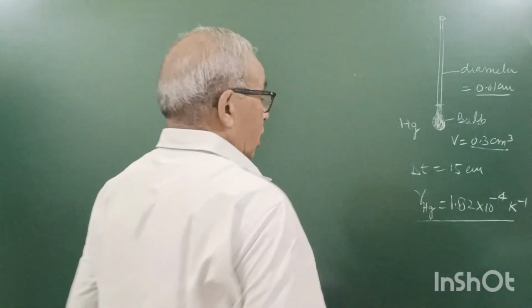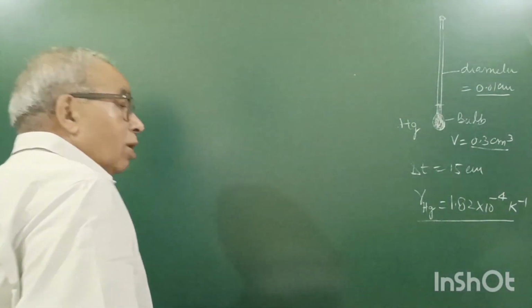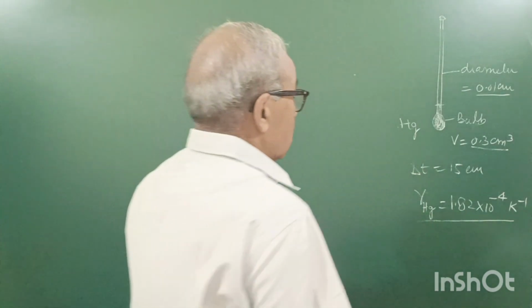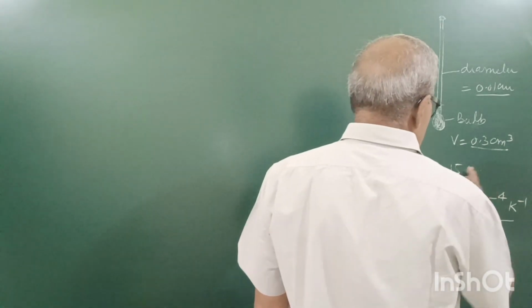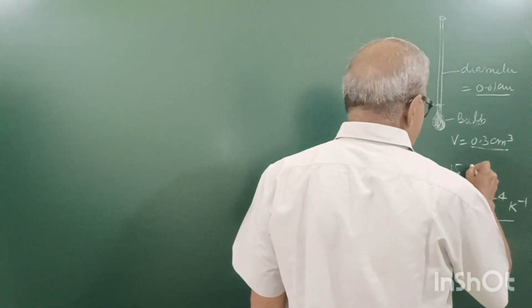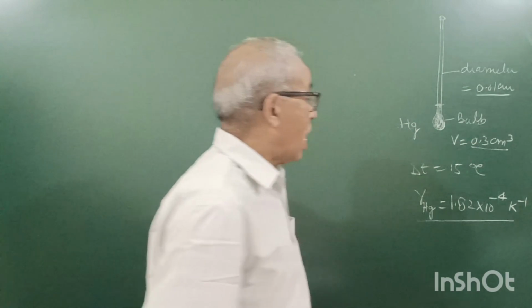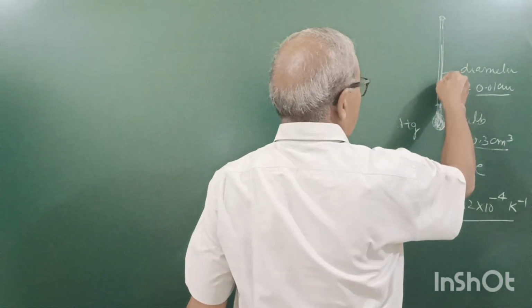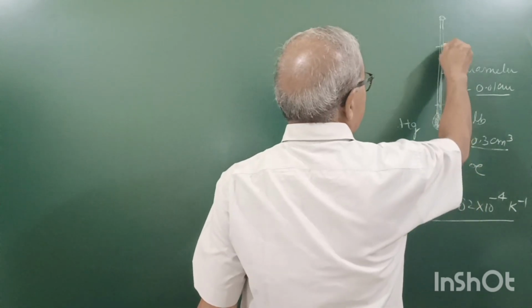The coefficient of cubical expansion of mercury is 1.82 × 10⁻⁴. If the temperature is increased by 15 degrees centigrade, how much is the increase in length of the mercury thread here?